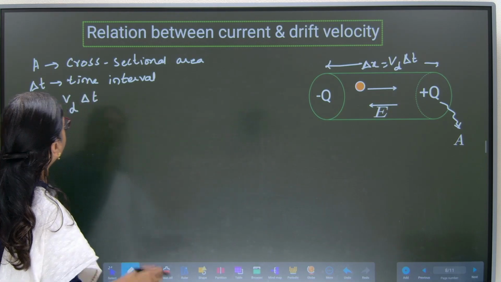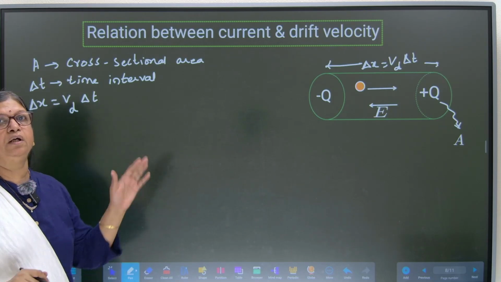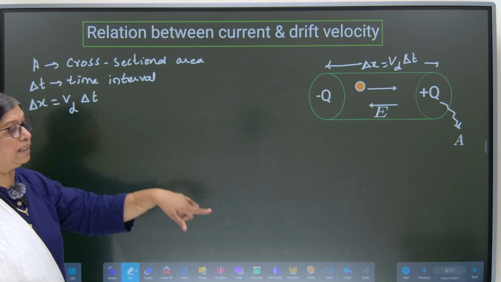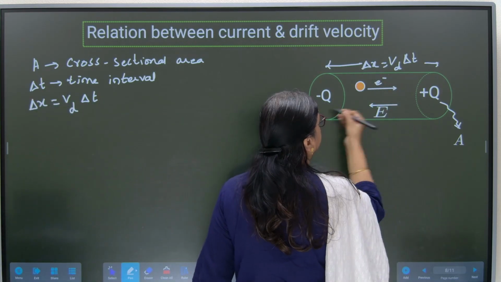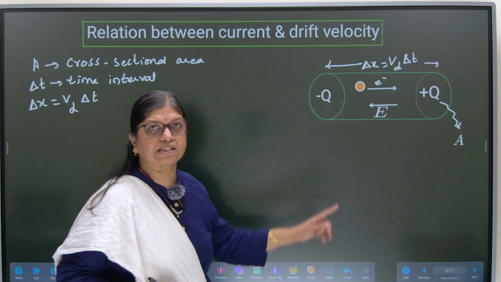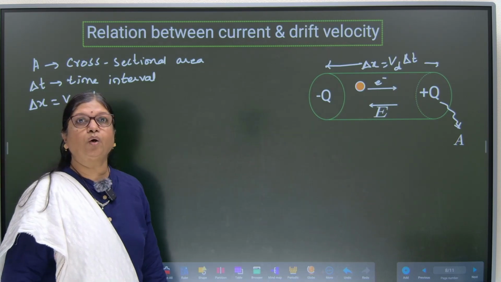So, here delta x is equal to Vd delta t, the distance moved by the electrons. Now, what is the direction of the electrons? The direction of the electrons is opposite to the direction of the electric field as I have shown here. Fine?